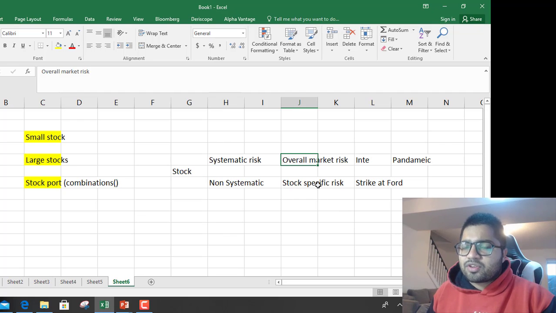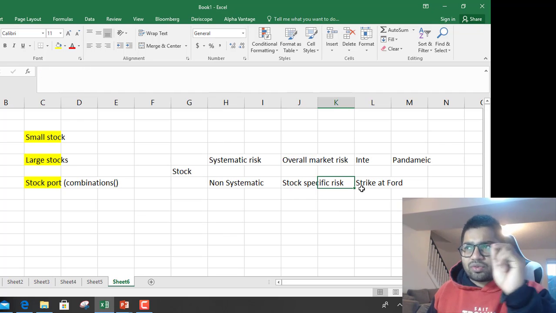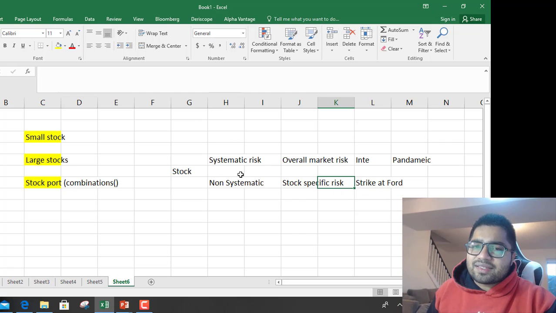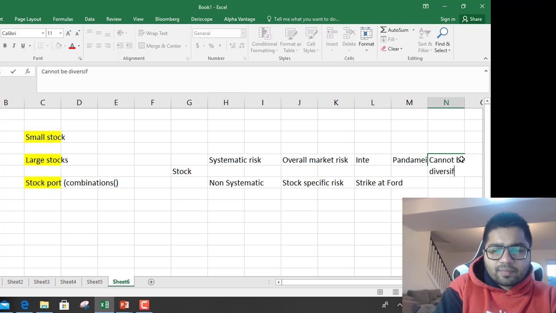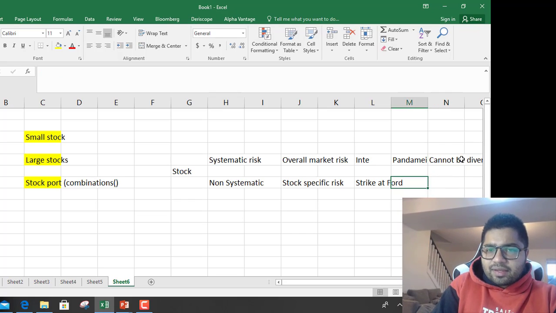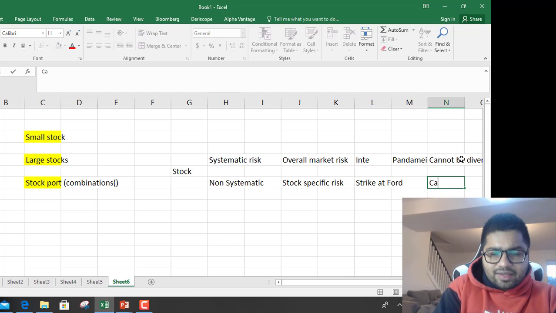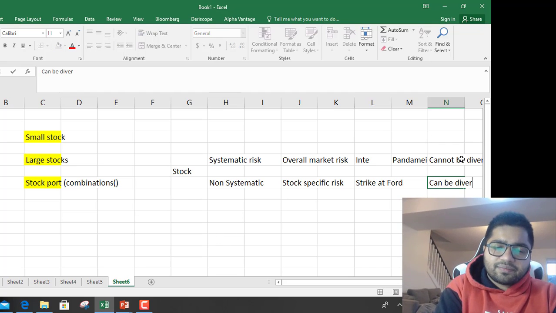Non-systematic risks are stock specific risks that impact only a specific stock. Now why is it important? Now this systematic risk cannot be diversified. Okay, non-systematic risk can be diversified.